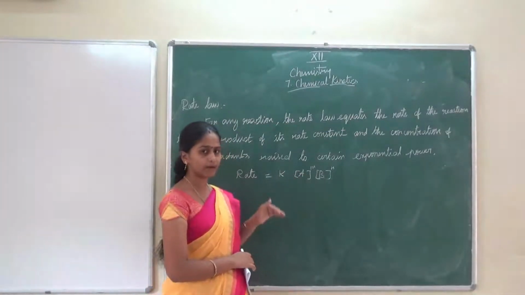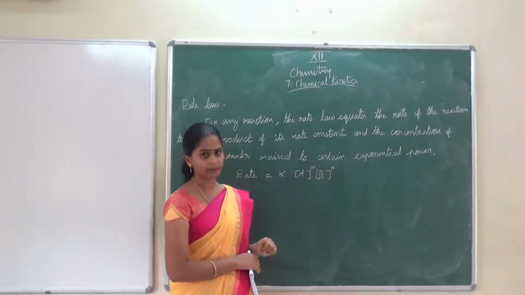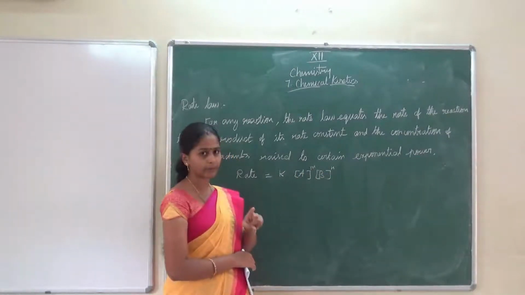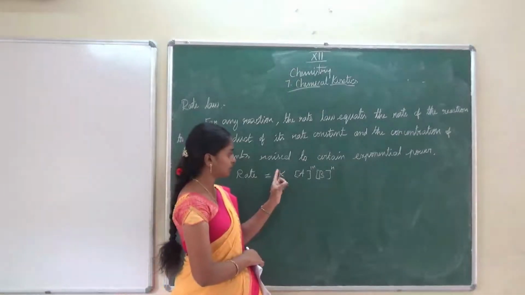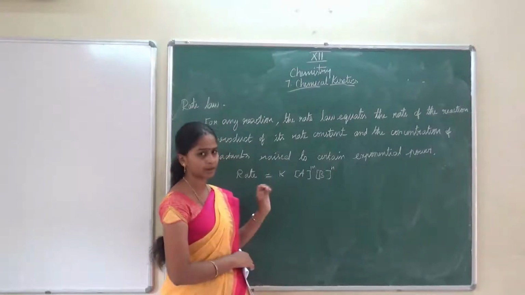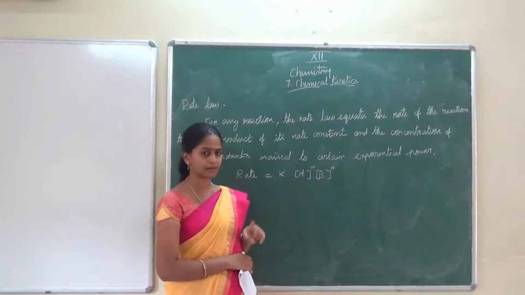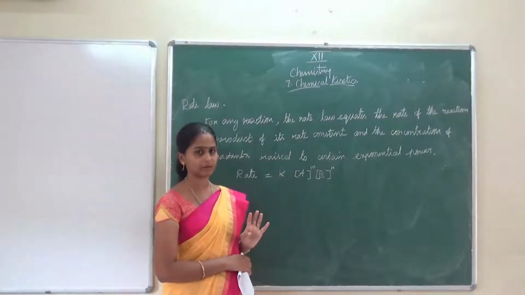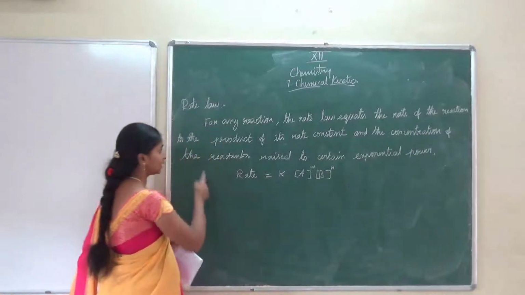We have to do the practical and determine these values. It is not the number present in the equation, and it is not the normality or molarity. These m and n values we have to calculate by experiment only. I will tell you how to calculate that. So this is called rate law.